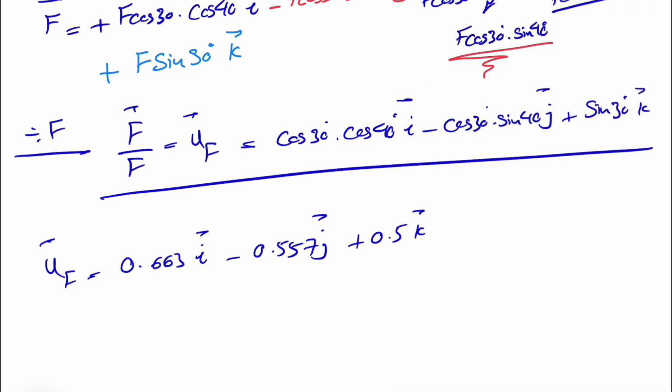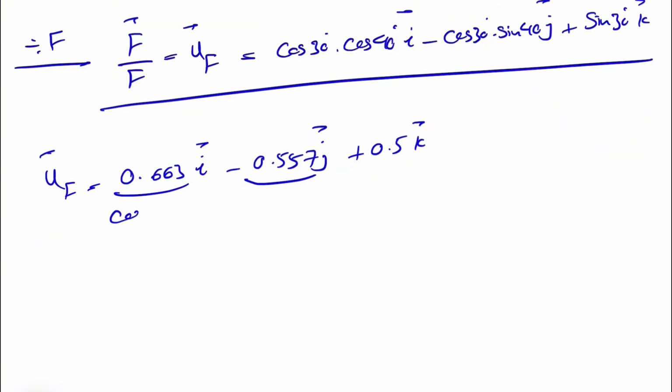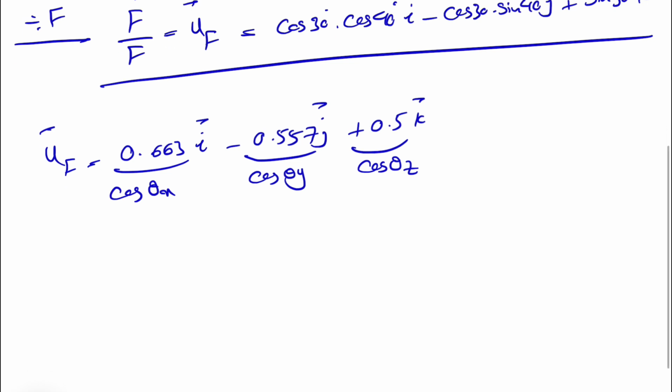As we discussed in the previous video, this will be cosine of theta x, this will be cosine of theta y, and this will be cosine of theta z. Each of them is the angle with the positive side of x, y, z.